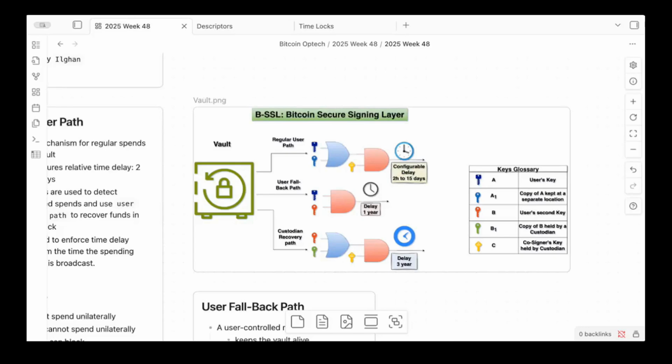And typically it's not just a one-time thing. As the user keeps spending, your system has to pick up the users. Let's say the user has 1 BTC and has used this regular path and spent 0.5, but the user wants the remaining change to go back into a similar vault-like construction. Then your wallet has to put the change back into a similar sort of construction.